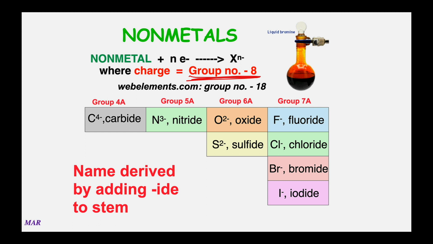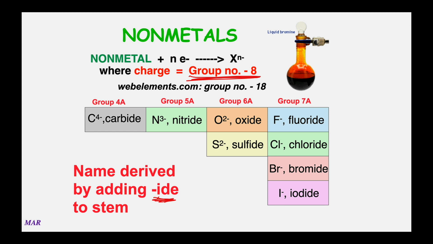But notice here we changed the name, and this is real common in chemistry. The negative ion almost always gets an IDE ending. So fluorine becomes fluoride, and chlorine becomes chloride. Oxygen in group 6, 6 minus 8, is -2, so oxide is oxygen with a -2.